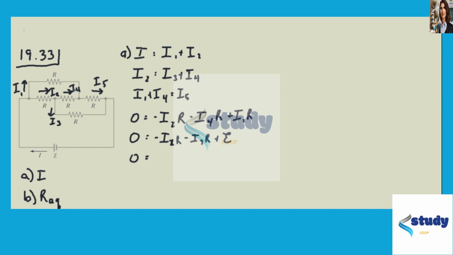And then going through this loop, we get a negative I3R plus I5R plus I4R is equal to 0.